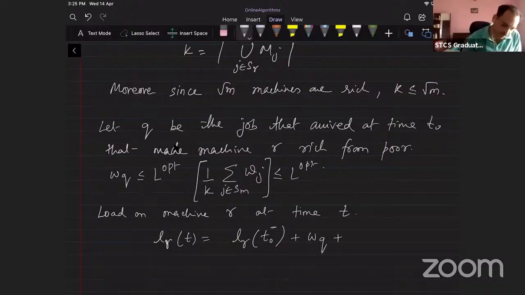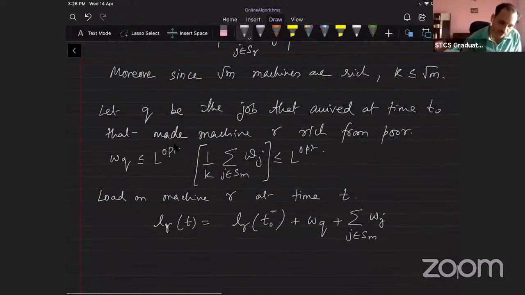So that was assigned, the load went up by WQ, plus all the jobs which have been assigned since. Is this okay to everybody? So we are at time T. T0 is the time at which it became rich. SM is the set of jobs which have been assigned thereafter. And Q is the job which arrived exactly at time T0.